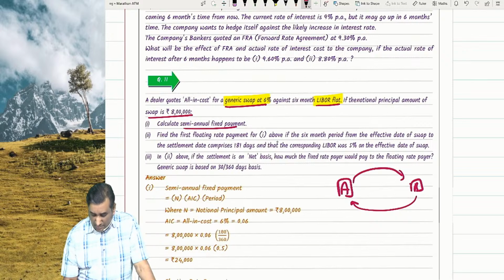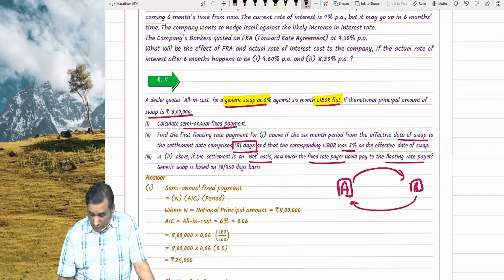Find the first floating rate payment for one above if the 6 month period from the effective date of swap to settlement date comprises 181 days, and that corresponding LIBOR was 5. This is for floating on the effective date of swap. In 2 above, if the settlement is on net basis, how much would the fixed rate payer pay to the floating rate payer?